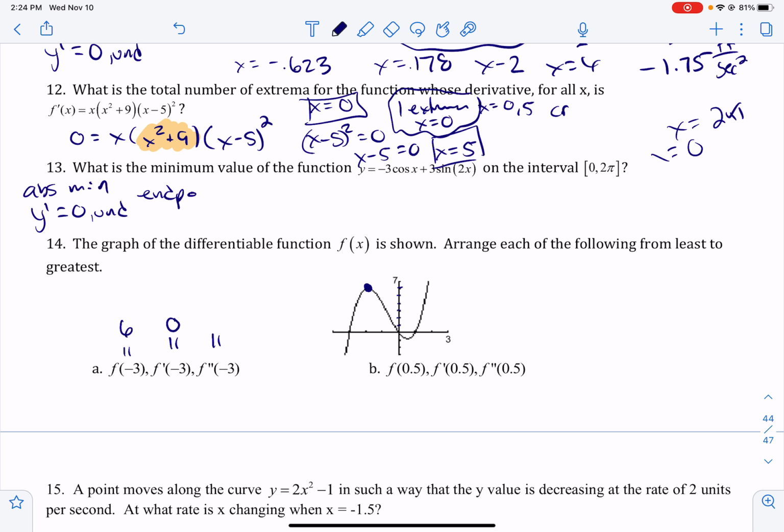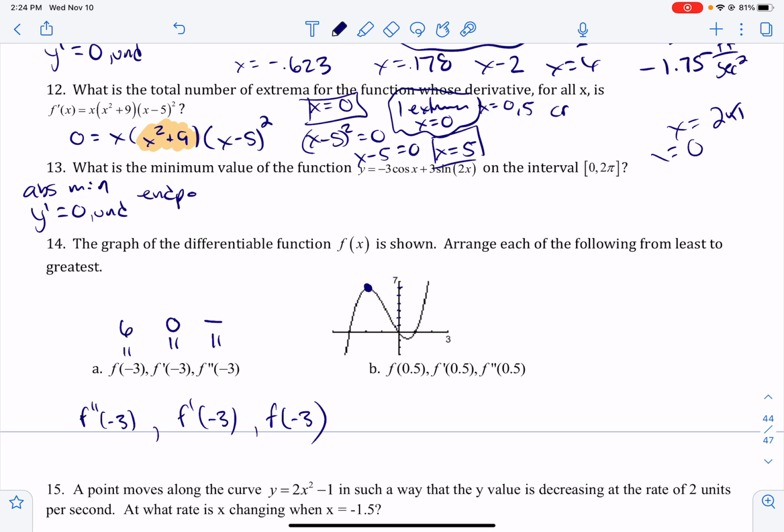And if I look at my picture right there, I am definitely concave down. I don't know what my value is specifically, but I do know that it is absolutely negative. So that means the smallest of these three, f double prime of negative 3, is going to be the smallest, and then f prime of negative 3, and then f of negative 3 is going to be the greatest.